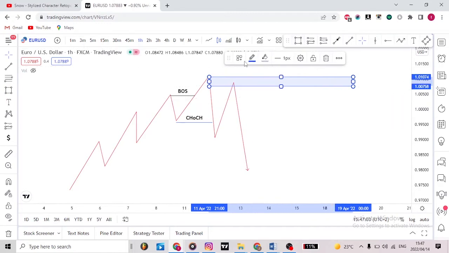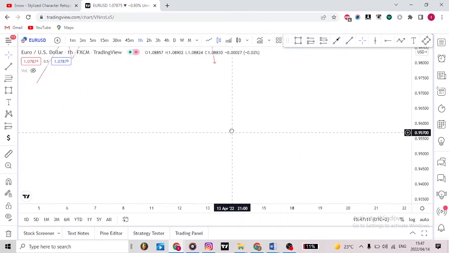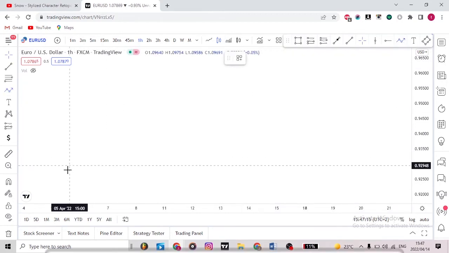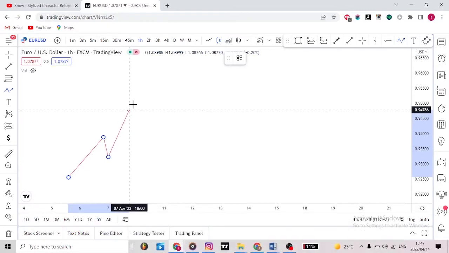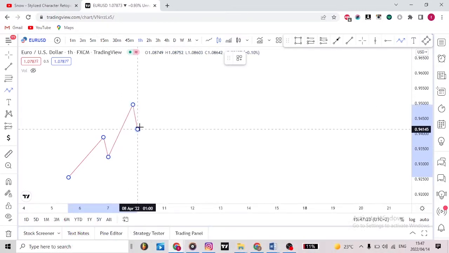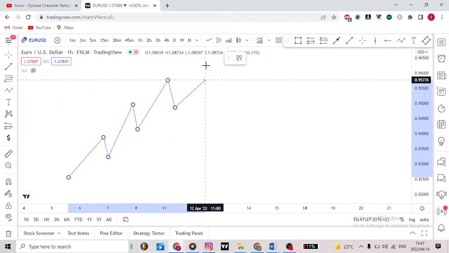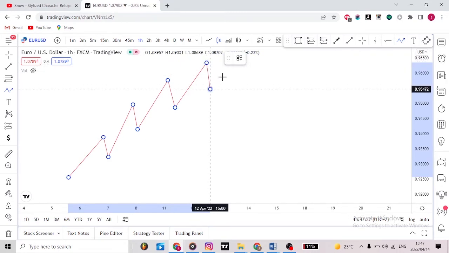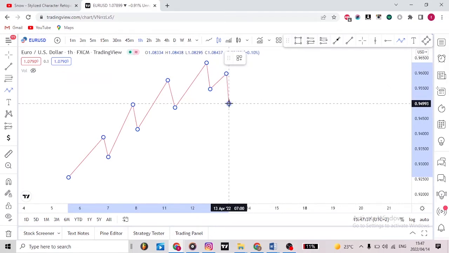And now I will show you what is not a CHoCH. Before we go to the chart examples, I want to show you what is not a CHoCH. Let's say we have an uptrend. We continue to make higher highs and then higher lows, higher highs and then higher lows. That's a higher high, and then we see the market do something like this, and then it also comes like this.